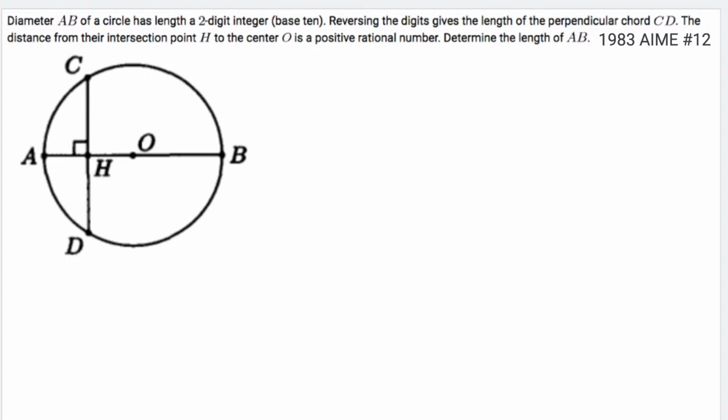So the equation we get from the problem: we know AB is a diameter, so it's just a two-digit number, which can be represented as 10x plus y. And the length of chord CD is reversed, so it's 10y plus x.